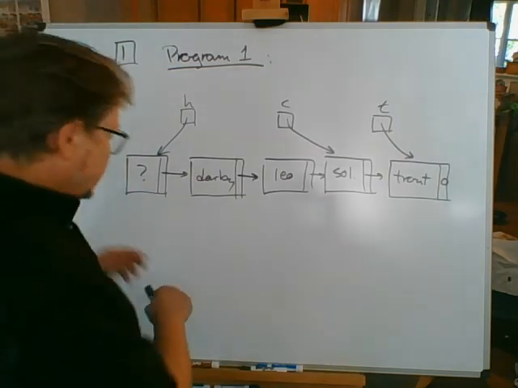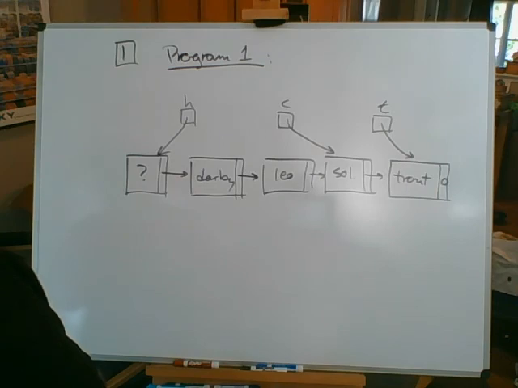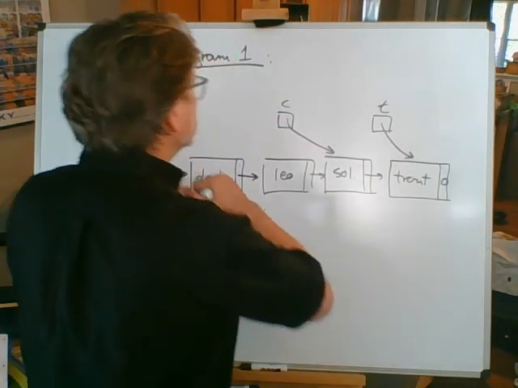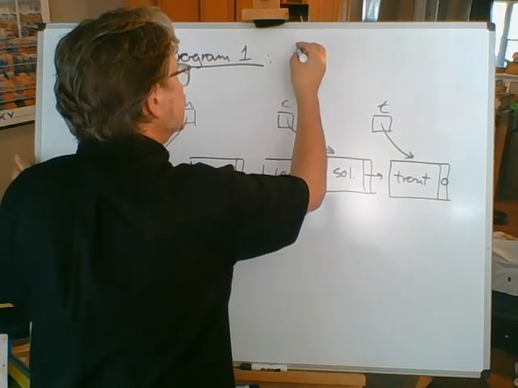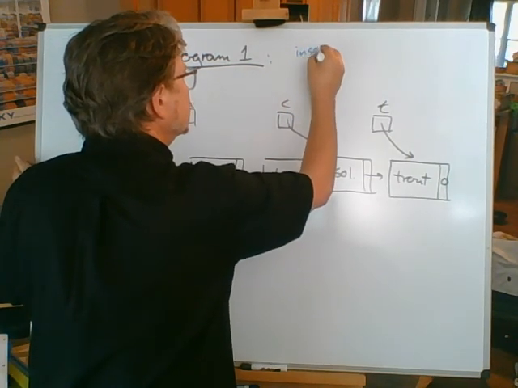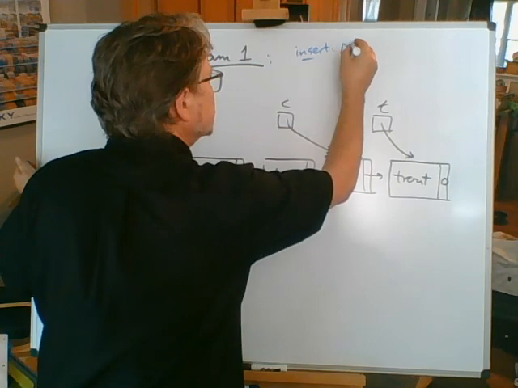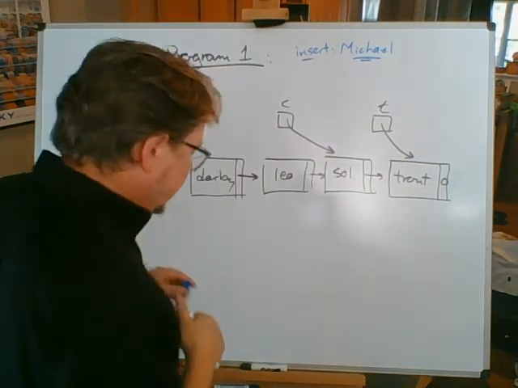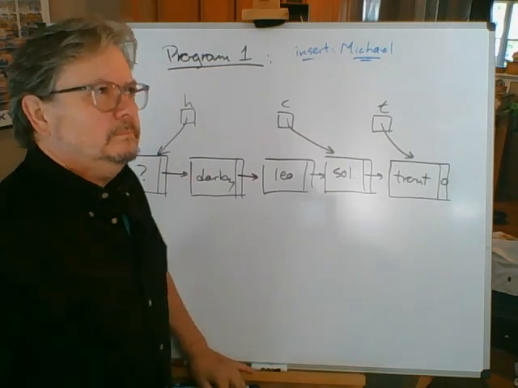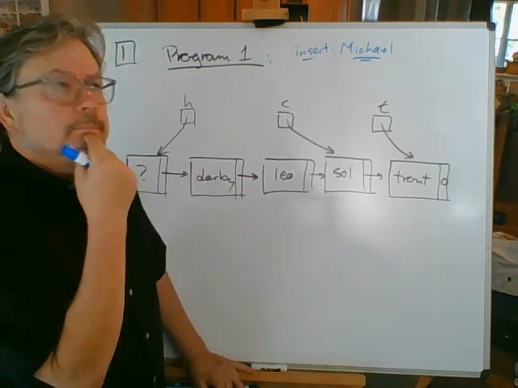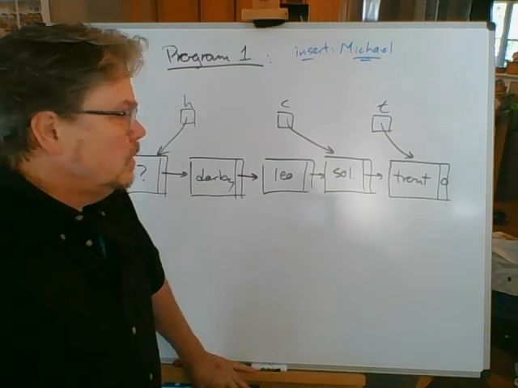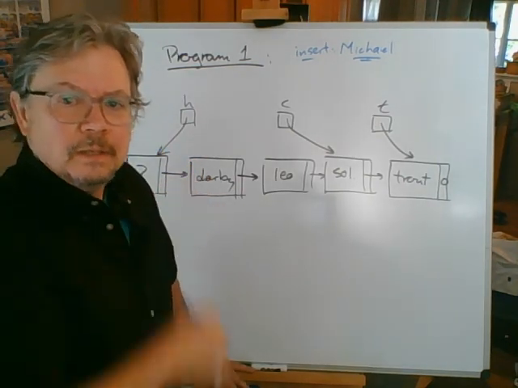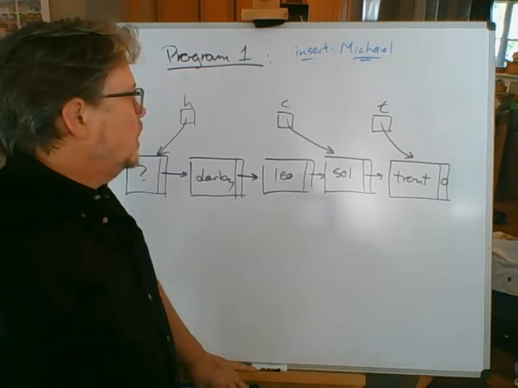Now, let's switch colors because we're about to change things here, and I'm going to hope this blue works. We want to insert Michael. Let's pause and reflect on that for just a second. If we insert Michael using that good old bulletproof linked list that we worked on so long and so hard, then where will Michael go?